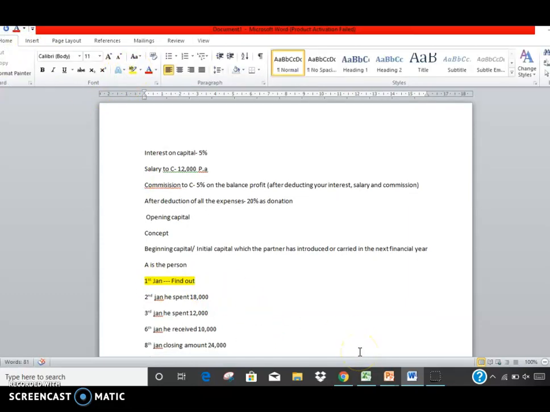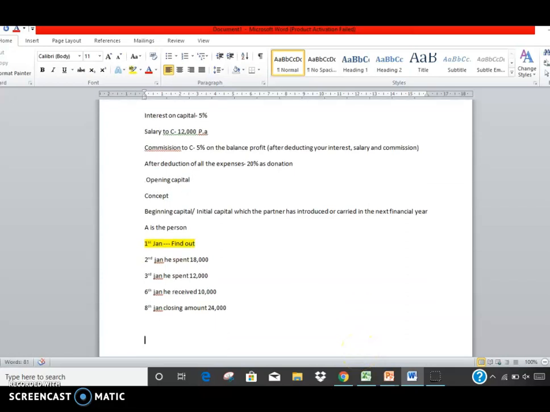Now, how will you calculate this thing? You don't know the opening balance, but you know the closing balance. So what will you do? From the closing balance, whatever amount he had received, you will subtract it, because that was not something he already had.